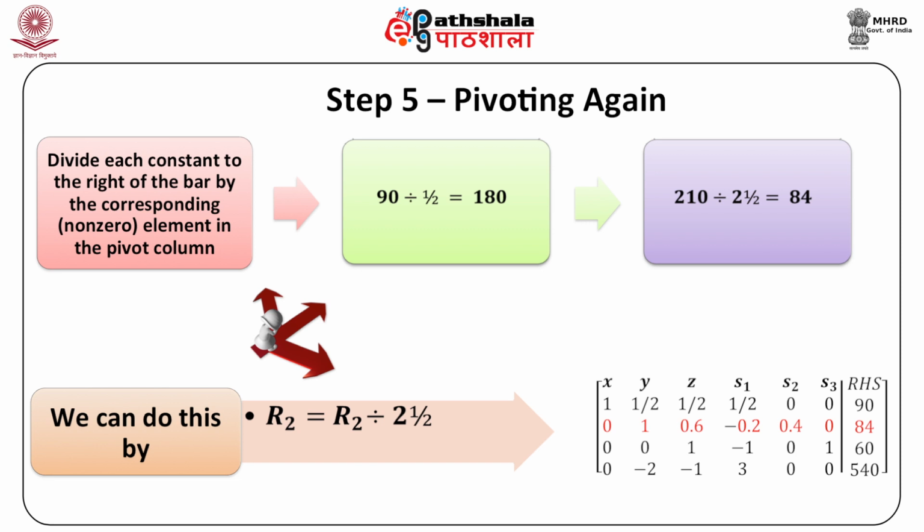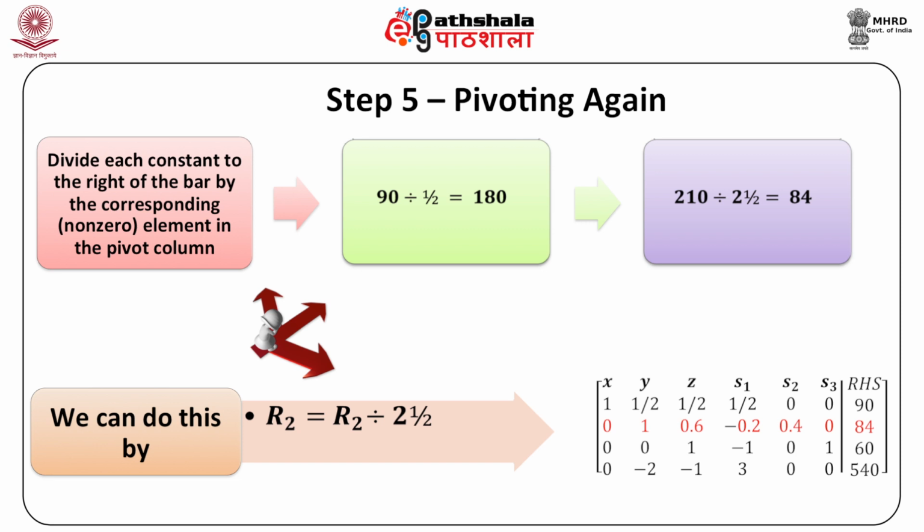Select the smallest quotient, which is 84. The pivot element is in the intersection of the column with the most negative indicator and the row with the smallest quotient. The pivot is the 2.5 in column 2 for this table.